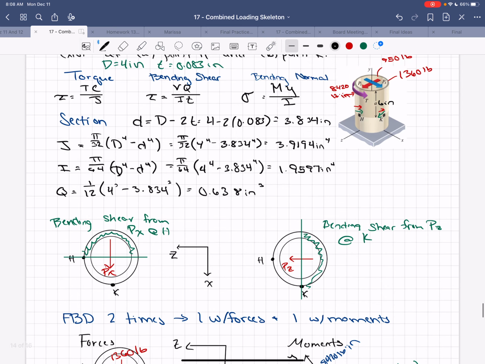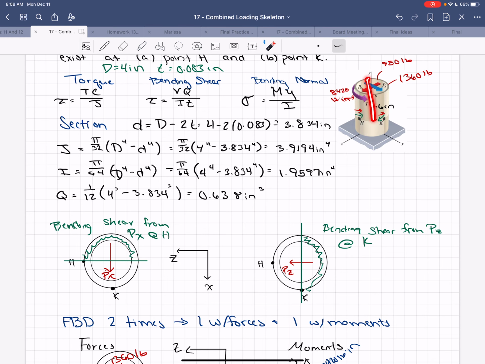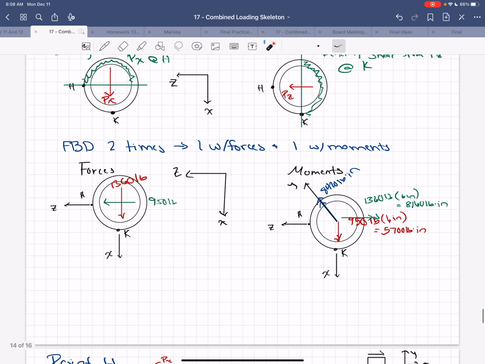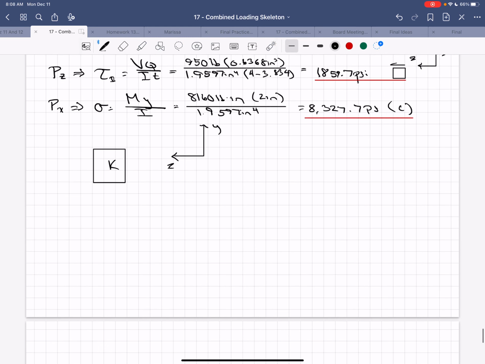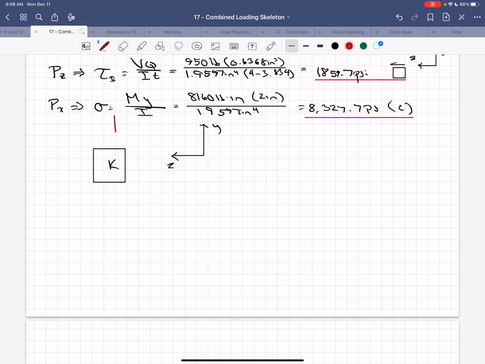Bending normal stresses act along the longitudinal axis, so in the Y direction. So we have compression here and here, that's our 8327.7 psi.